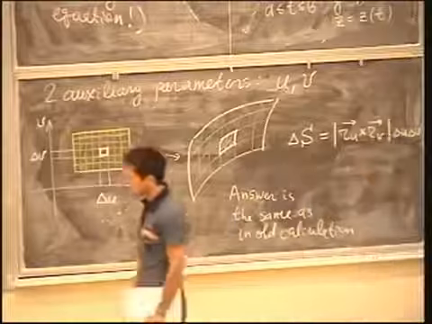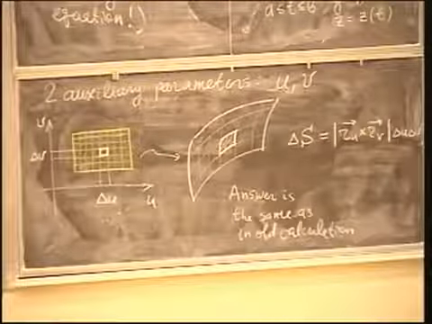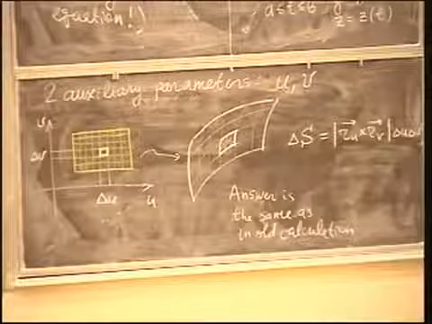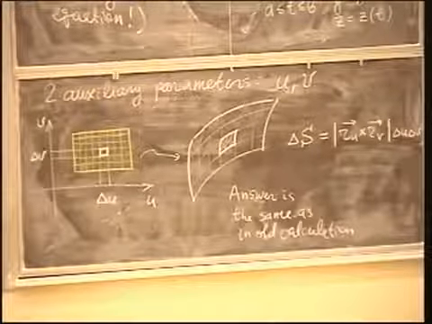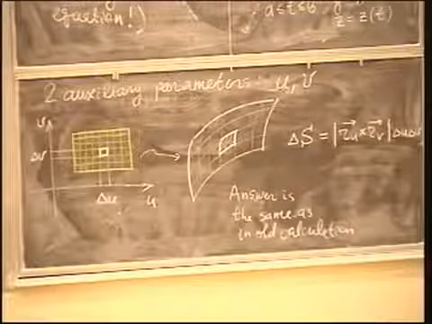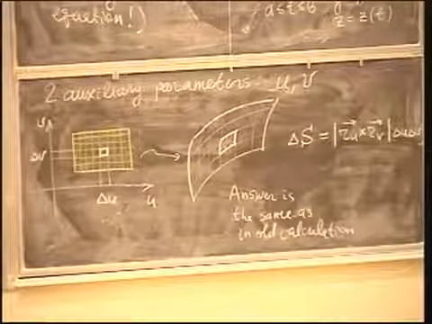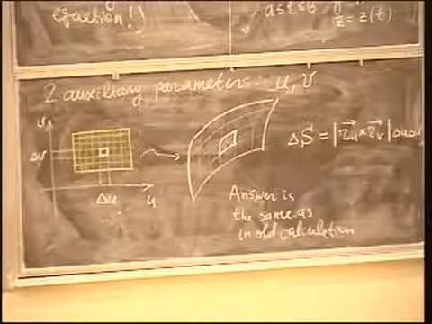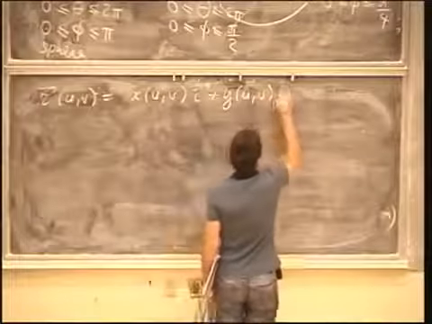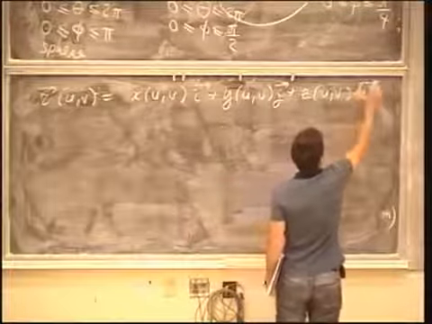What do I mean by Ru and Rv? R of uv is just the position vector of the point x, y, z. So that's x of uv i plus y of uv j plus z of uv k.